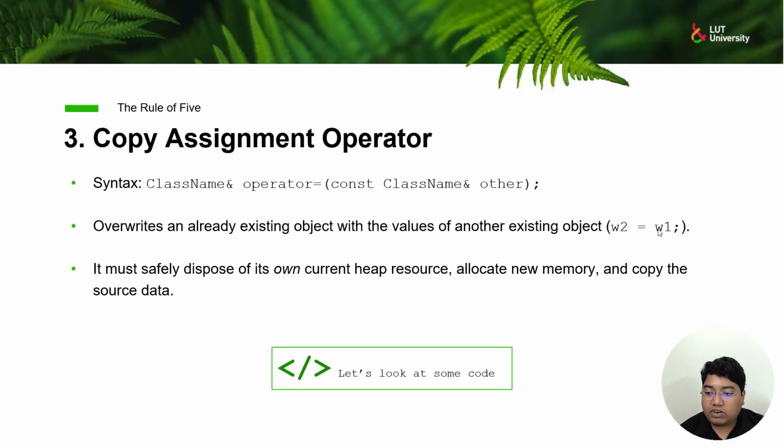Let's say we have w1 and w2, and then later we write it like this. We are not constructing w2, we are replacing its current contents. That means we first have to clean up the resource that w2 already owns before copying the new one. Let's write a simplified version.